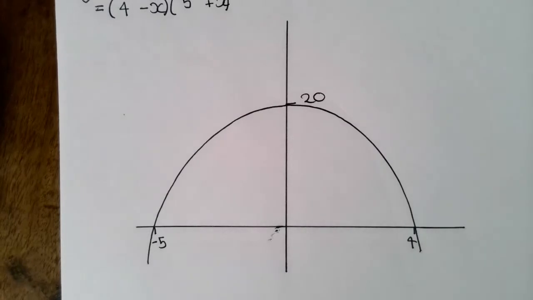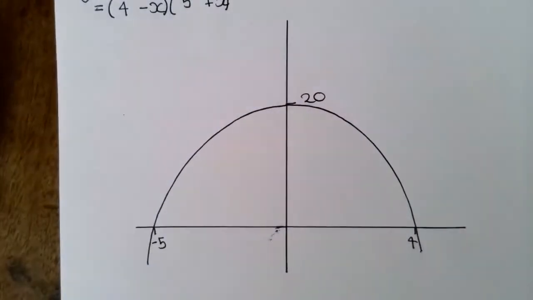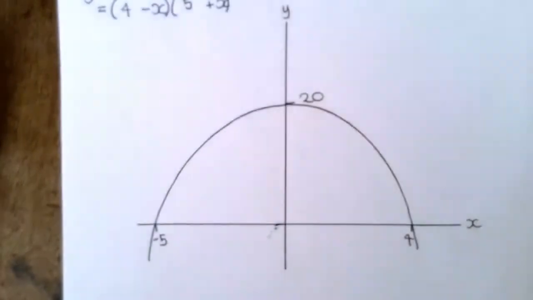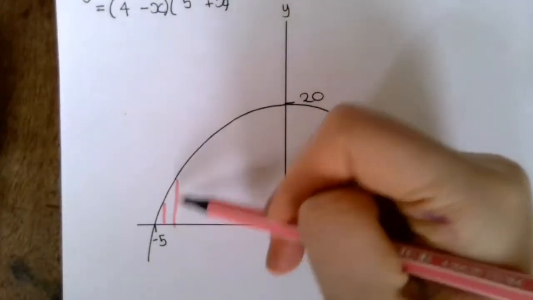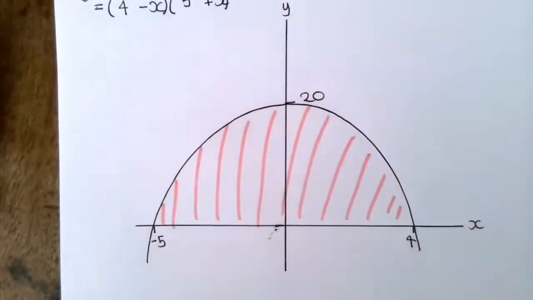I want to find the area between this quadratic and the x-axis. So the x-axis, that's our horizontal axis. So I want to find the area of that.